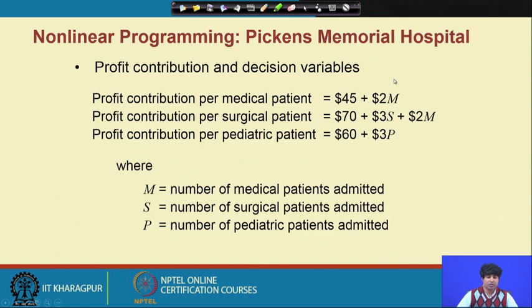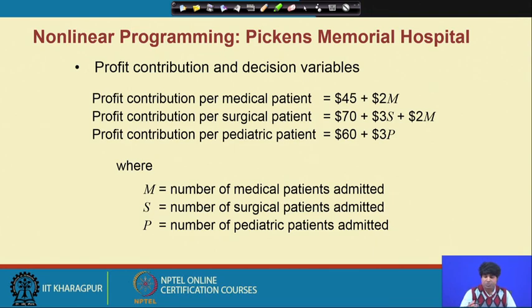So, this is the typical example, and let us assume the type of business problem where the objective is to maximize profit, and here there are three kinds of profit structure.